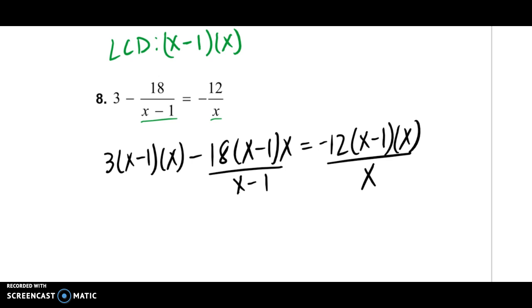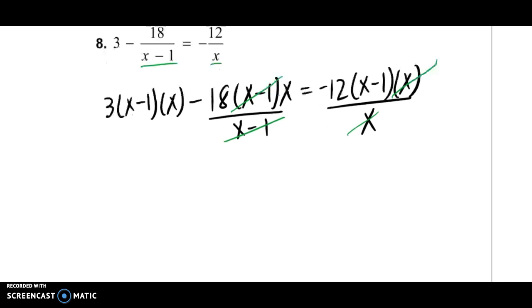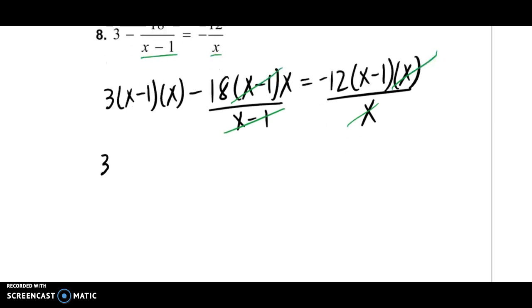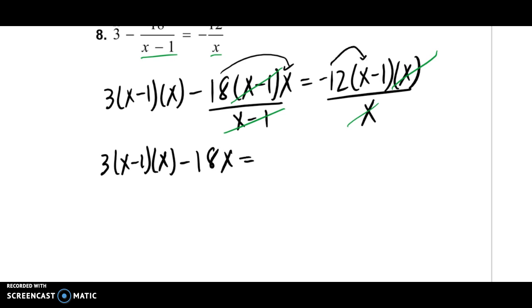Now we're going to start canceling things out. We have an x minus 1 at the top and at the bottom. We have an x and an x. Let's bring everything down and start simplifying. Here we should get 18x, negative 18x equals negative 12x plus 12.